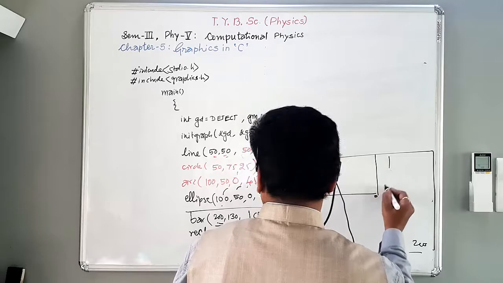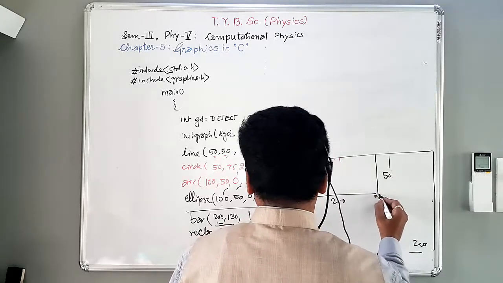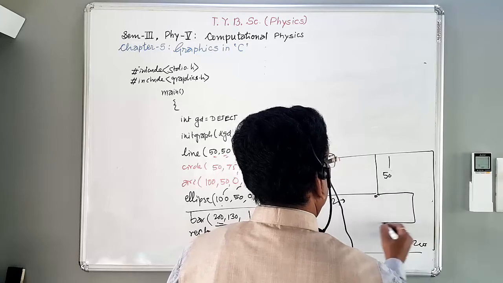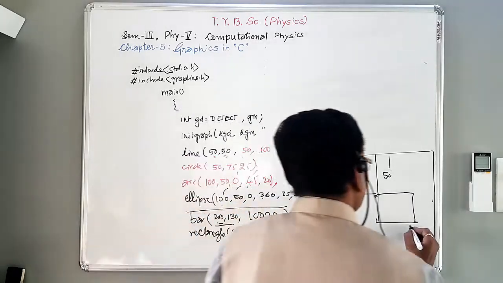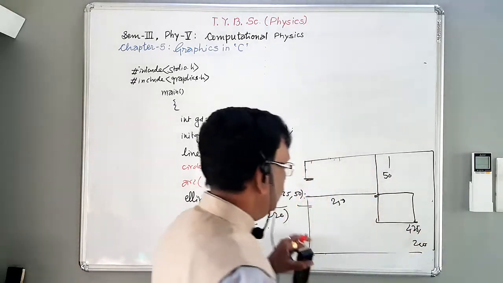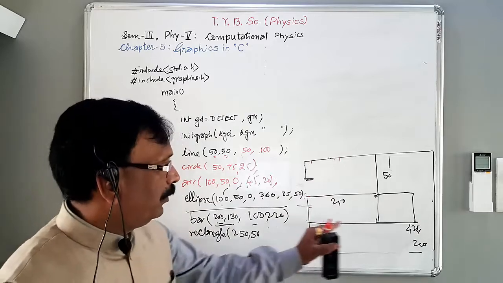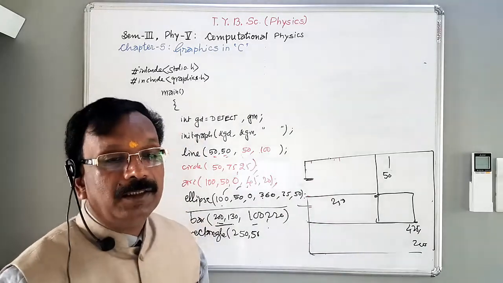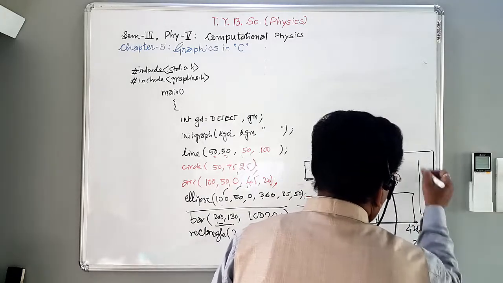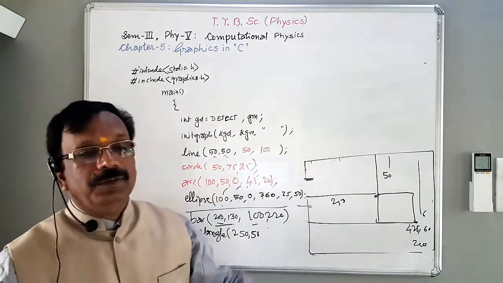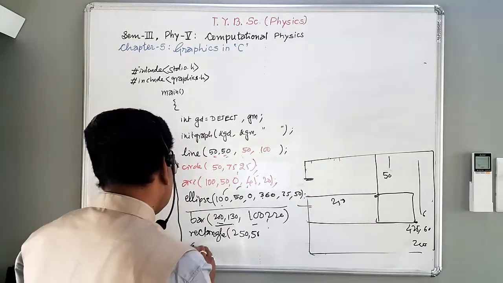X left is 250, top is 50, and we get here, and from left to right, that is the x coordinate, and 60 is the bottom coordinate from the top. Okay, in this way we will get the rectangle.